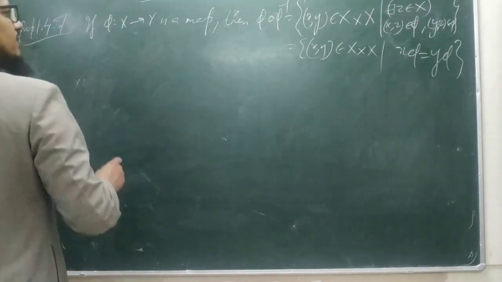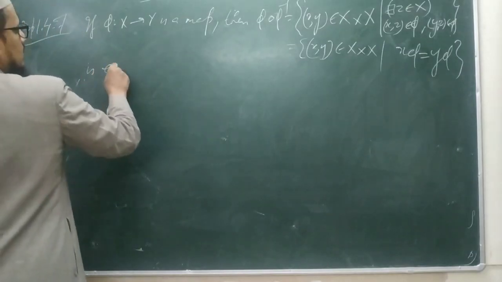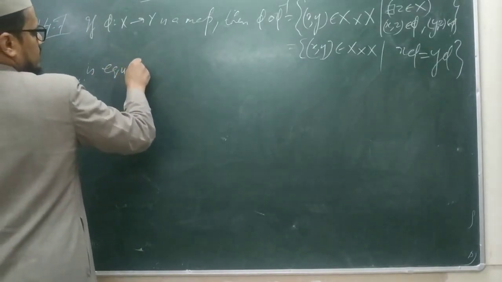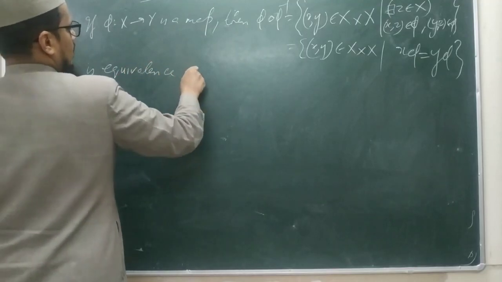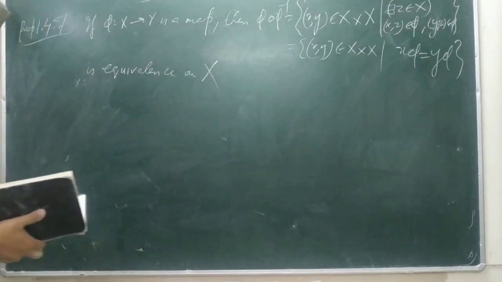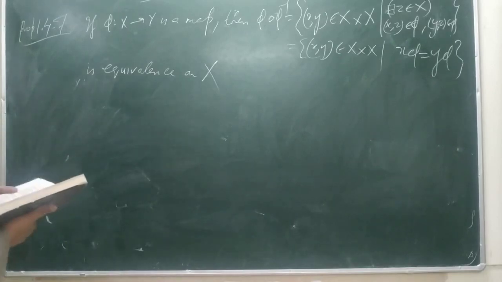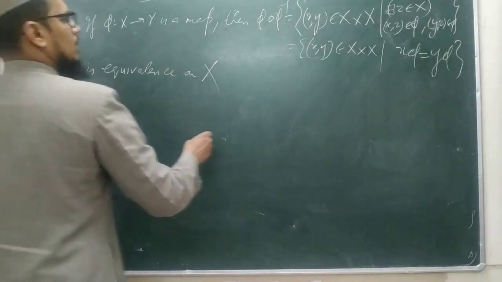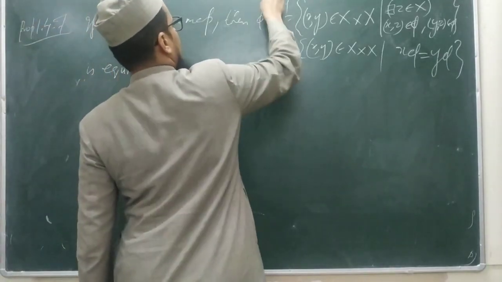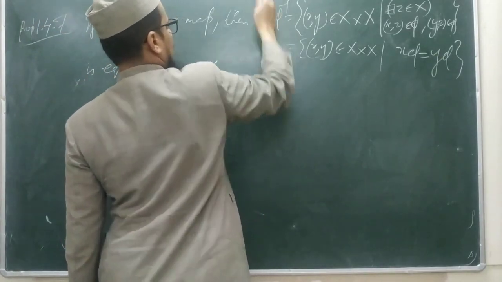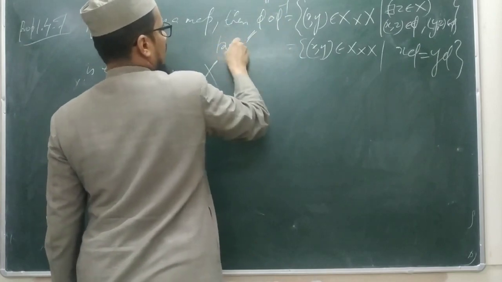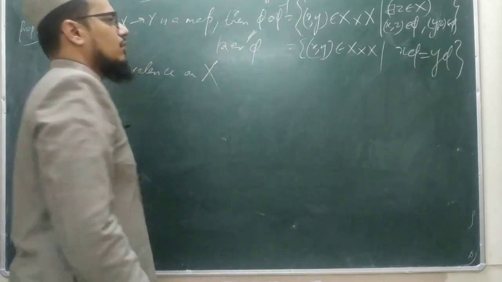Then we have to prove that phi composed with phi inverse is an equivalence on set X. We have to prove that this relation is an equivalence on set X. And such a set is called the kernel of phi.